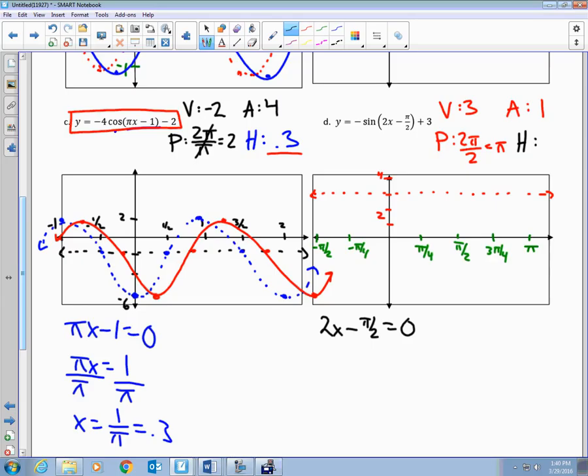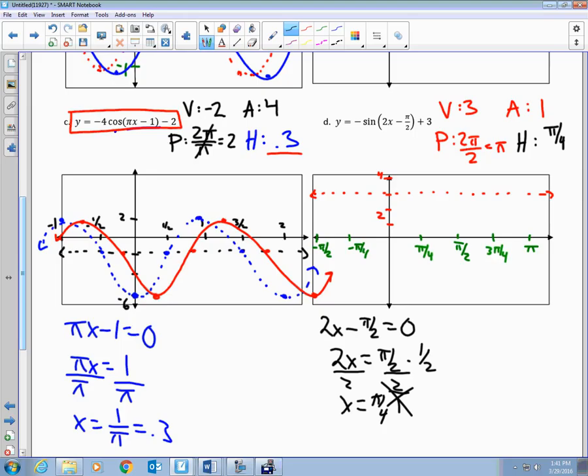How do I solve that equation? 2x is equal to pi over 2. If I divide by 2, or multiply by 1/2, pi over 2 times 1/2 is pi over 4. Pi over 4 is my horizontal shift.